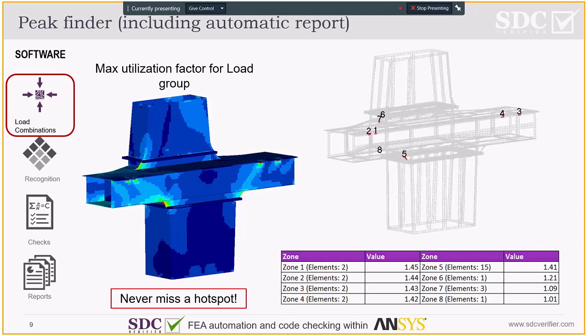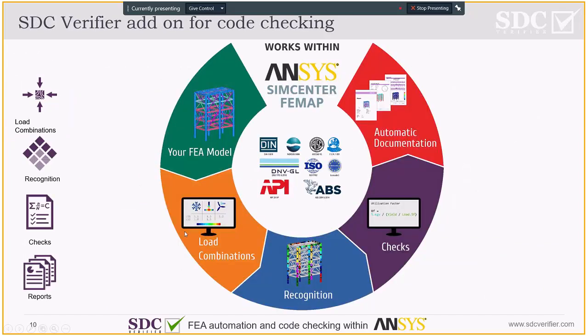For example, you're able to show all the values above a certain number, like here it shows all the utilization factor values above 1, but you can also highlight the 10 worst results or 5% of the worst results, which helps you to never miss the hotspot on your model.